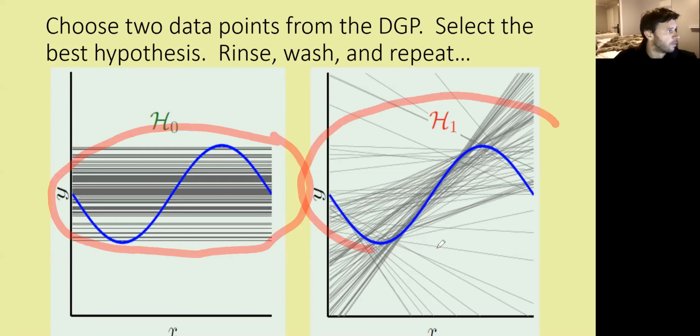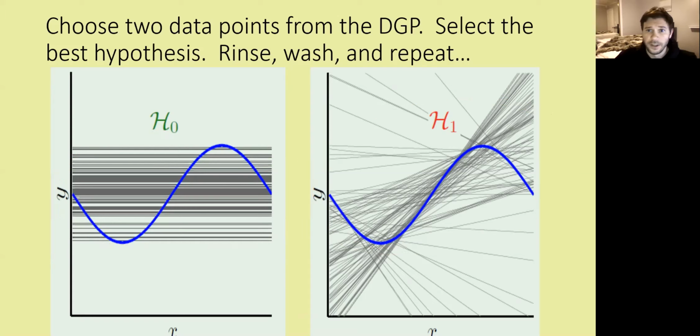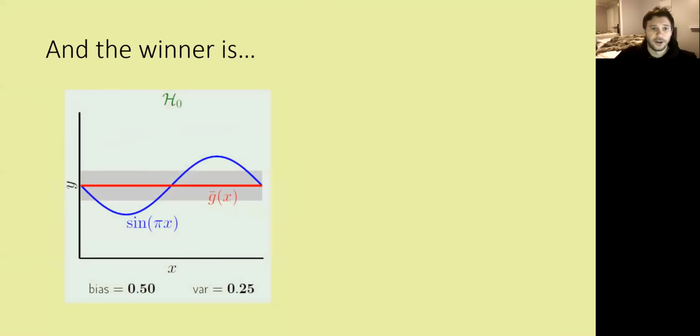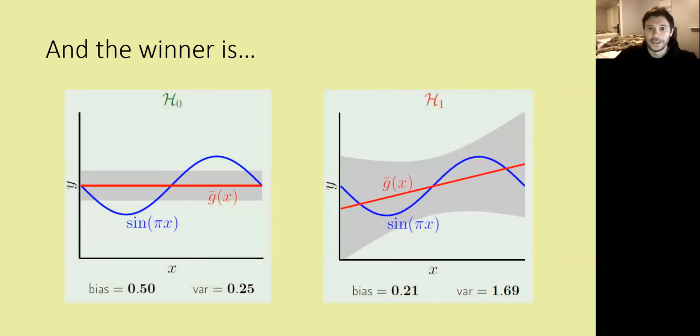And then we do the same thing over here. Calculate G bar 0 and G bar 1. If we were to do that, what we actually see here is that the average hypothesis for the simpler model does a little bit better.